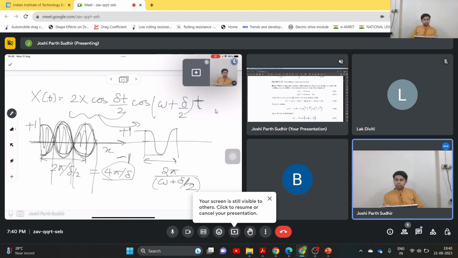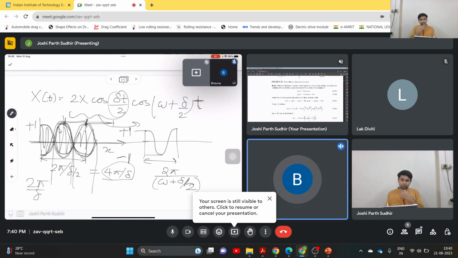But if we look at the resultant sine wave, this peak keeps on occurring twice in every cycle, right? If it occurred once in every cycle of this sine wave, it would have been 4 pi by delta, but actually it occurs twice. So the time period of the beat becomes half. That's why it becomes 2 pi by delta.